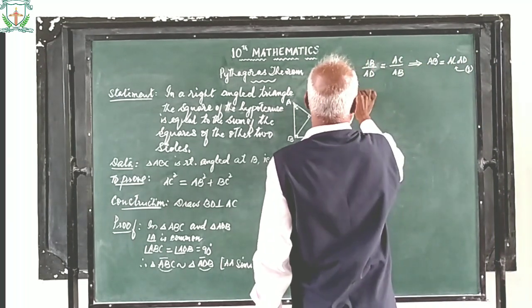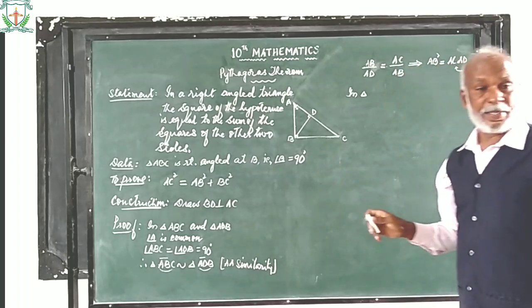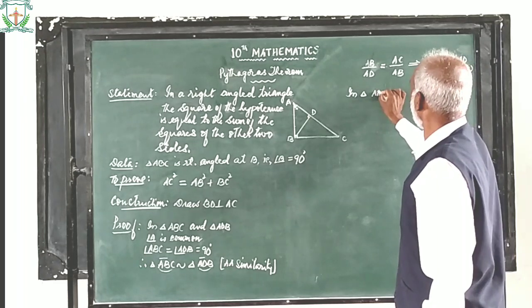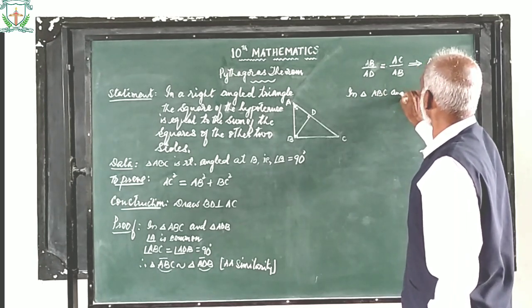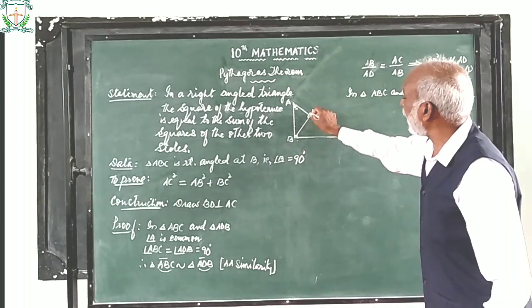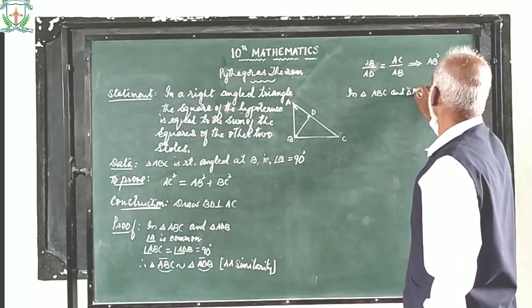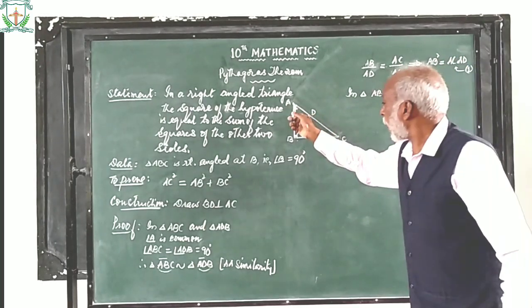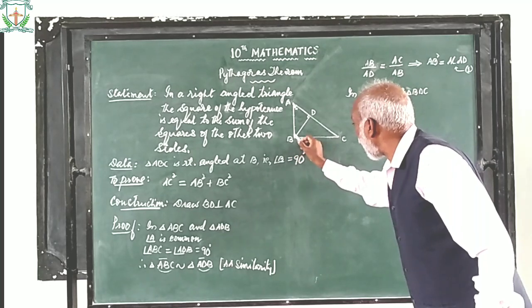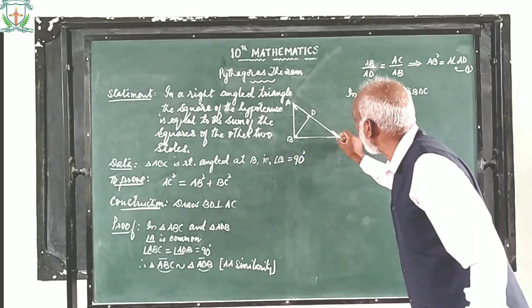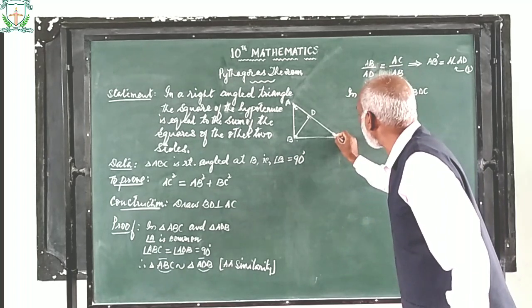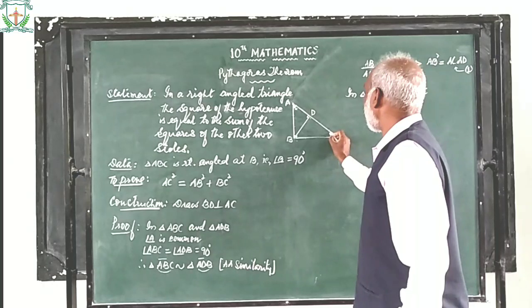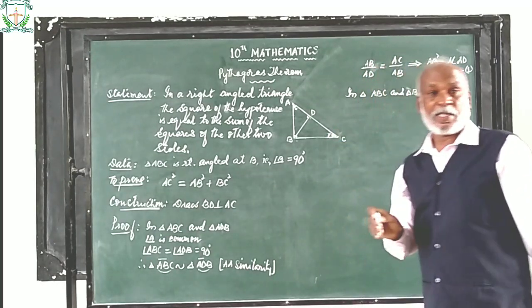In triangle ABC and triangle BDC, you know, this is ABC, this angle is 90 degrees, this is BDC, this angle is 90 degrees, and angle C is common. This angle is common, let it be y.